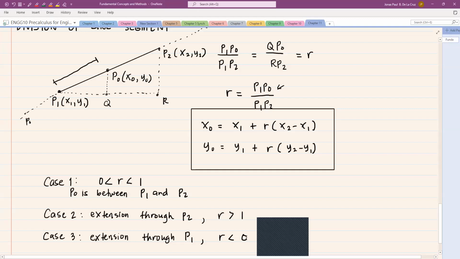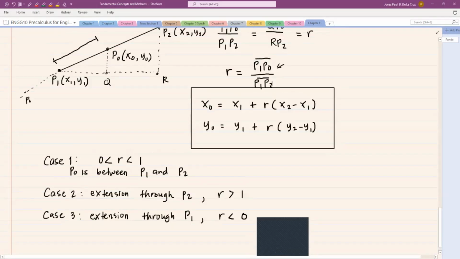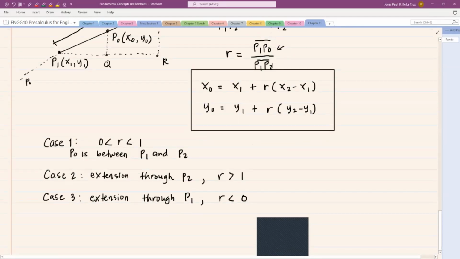Directed line lahat yan. Okay? So kapag yung extension natin ay through P1, magkakaroon tayo ng negative na value ng R natin. Alright?